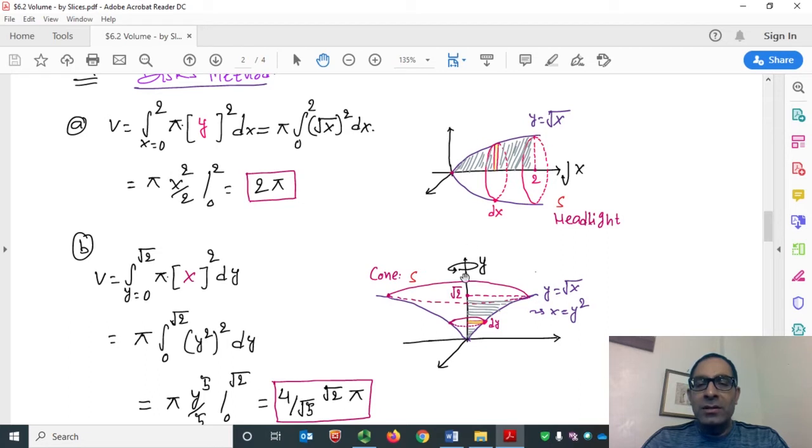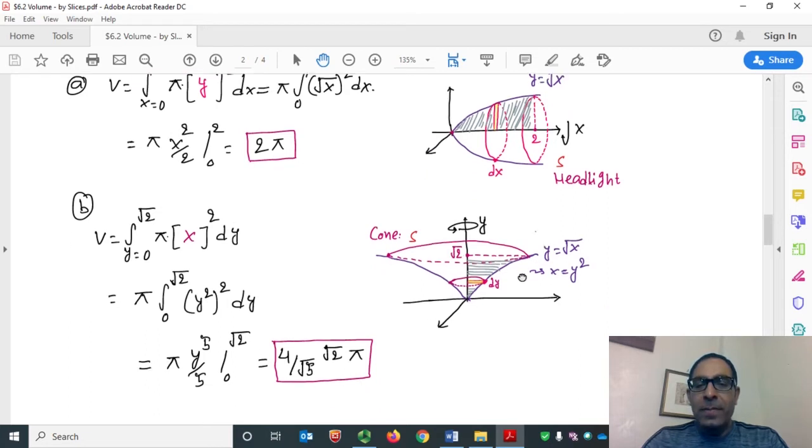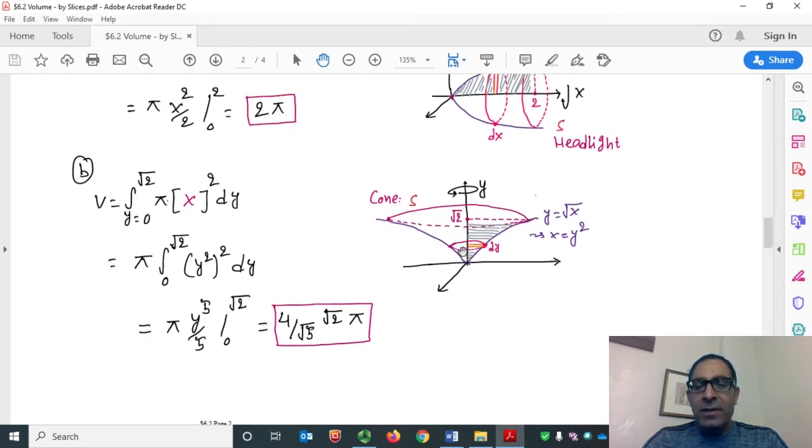So then 0 to radical 2, and we are taking the stripe whose width is dy, and then we are swinging that stripe around the y-axis. So when I rotate this whole region about the y-axis, it gives us this shape here. It's kind of a more flat cone, right?